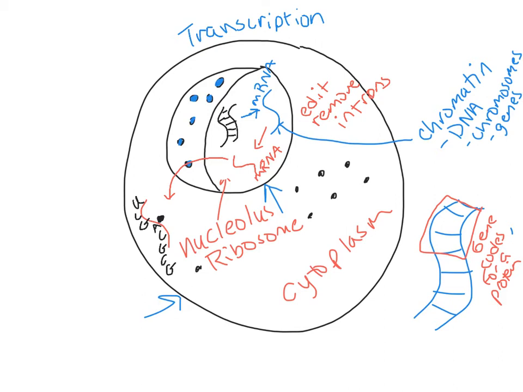During the process of translation, this messenger RNA gets translated into a polypeptide, which is just a long line of amino acids attached to each other. Now the cell knows what to do with a polypeptide because a polypeptide is basically a small protein.